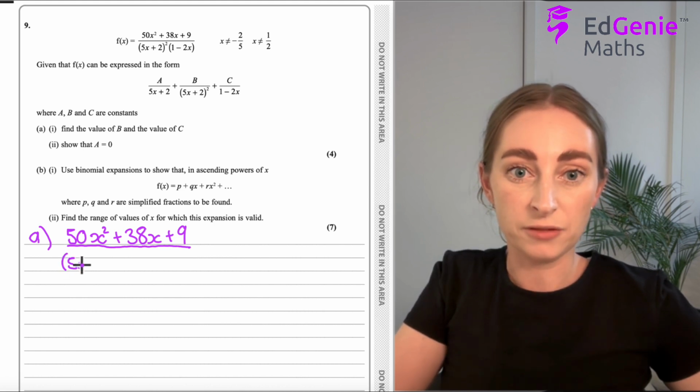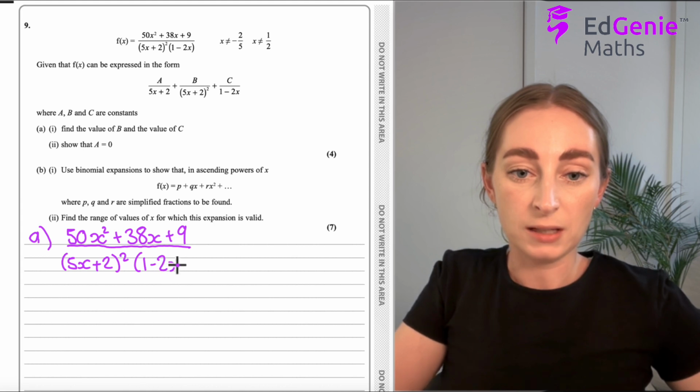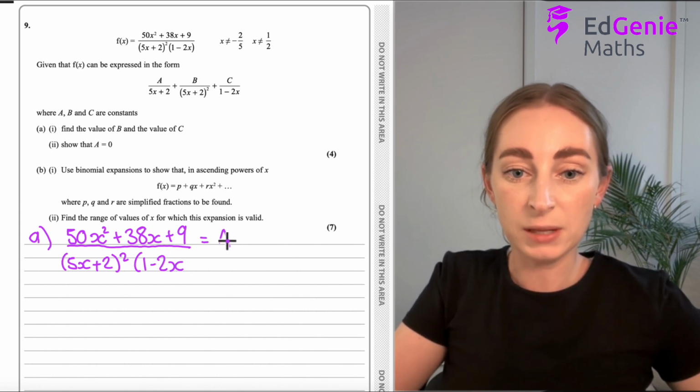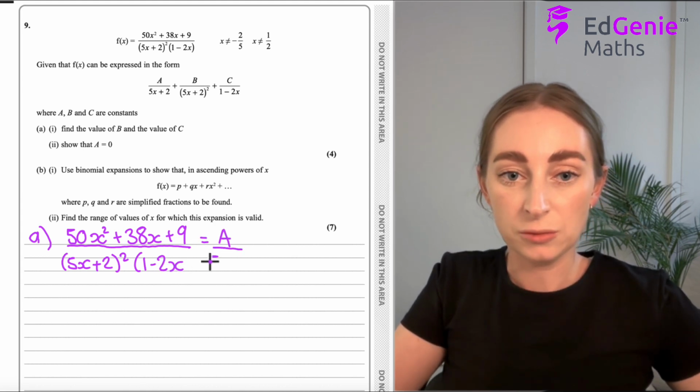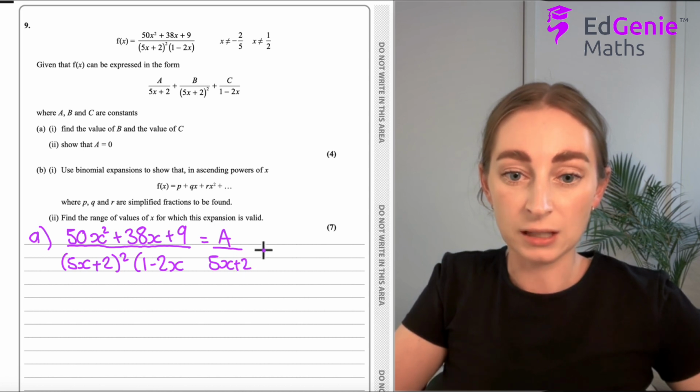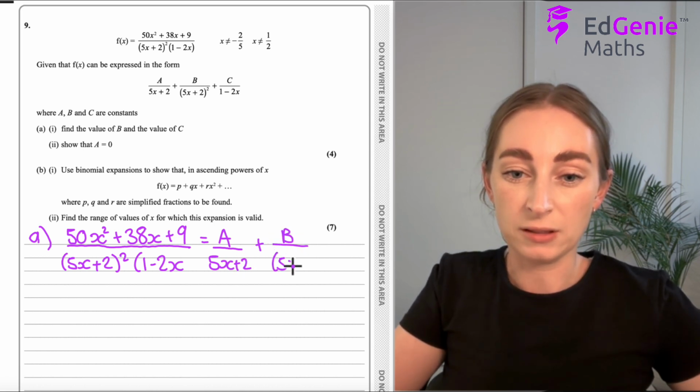5x plus 2 all squared, 1 minus 2x, and this is going to be equal to our 3 fractions in the form that they've given.